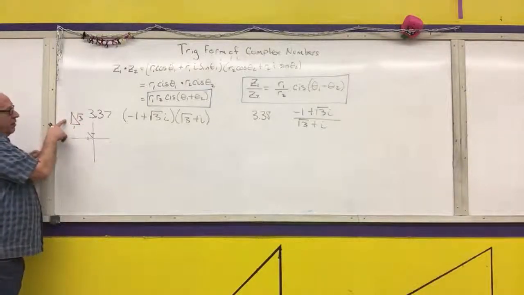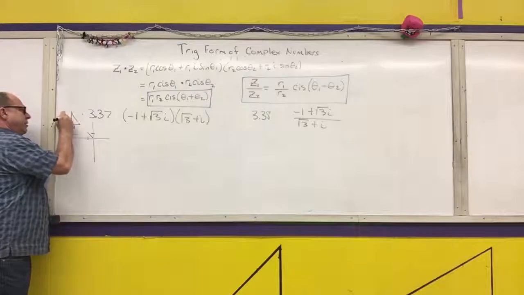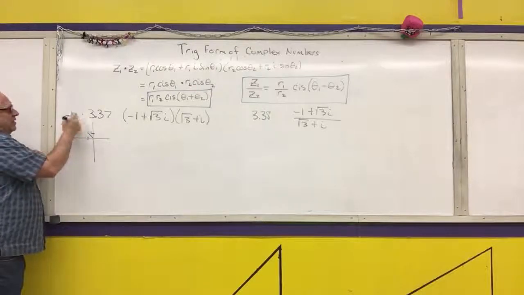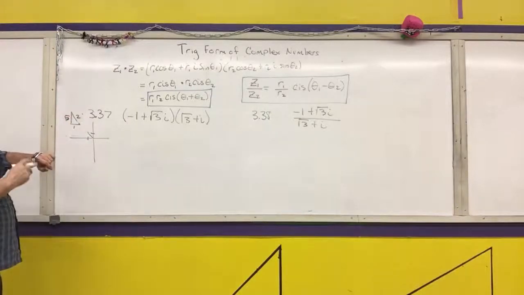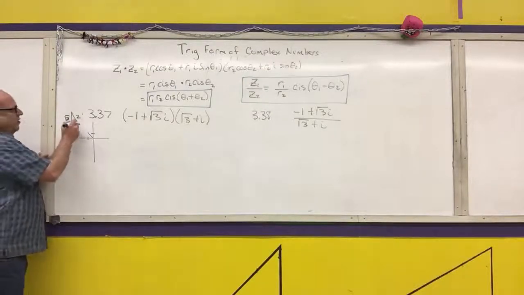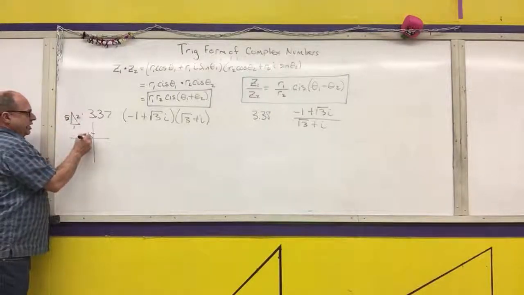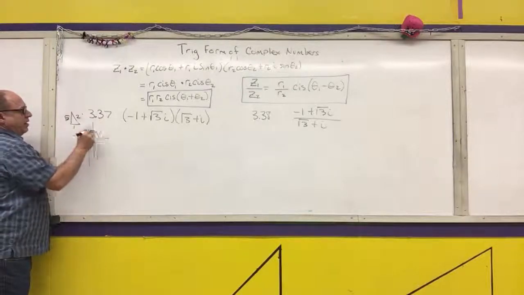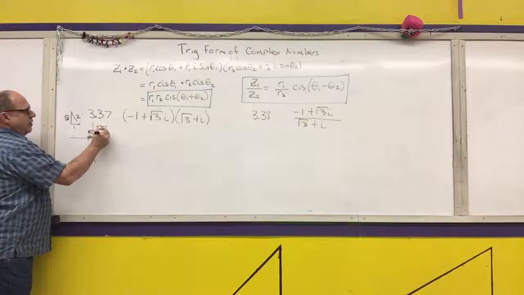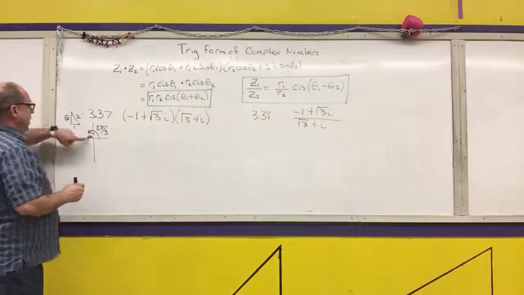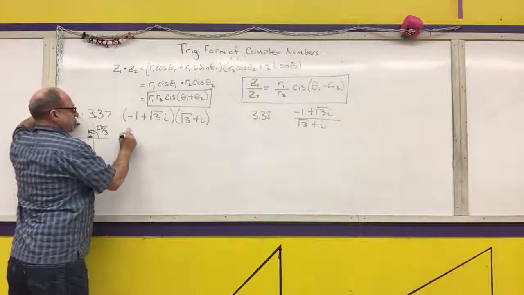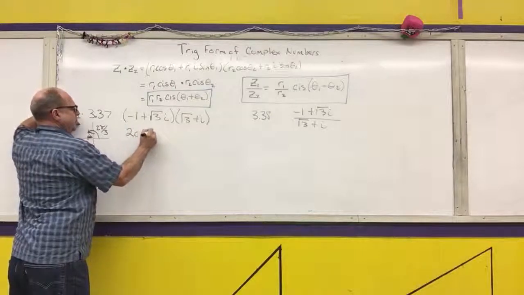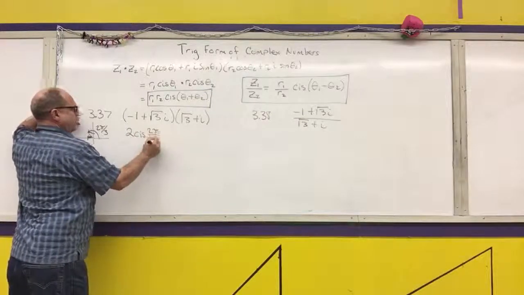Actually the square root of 3 is right here. So this is actually 2, okay? And we know it's 2 because it's a memorized angle, and this would be a 60-degree angle, or a pi thirds angle, so I know this angle right here is 2 pi thirds. Okay, and the r is 2. So this would be 2 cis 2 pi thirds.